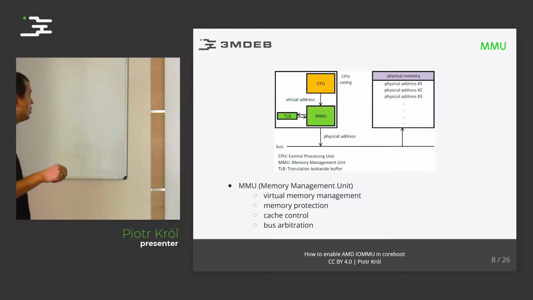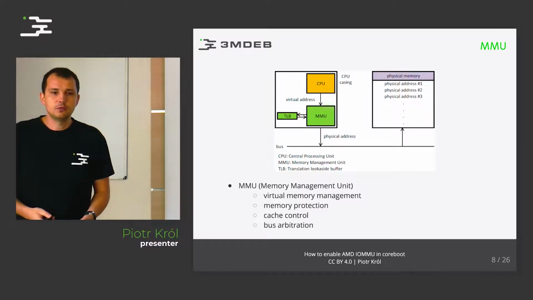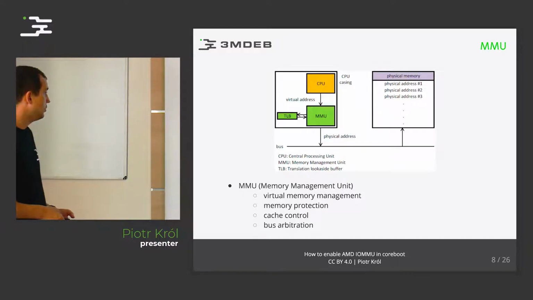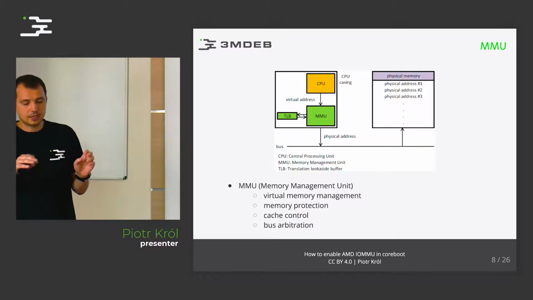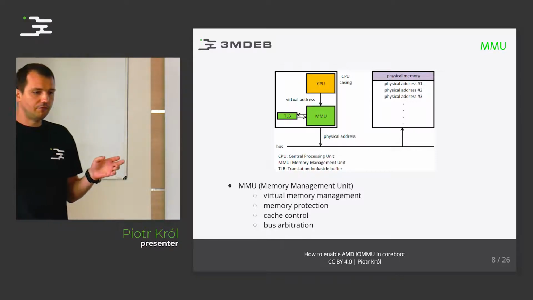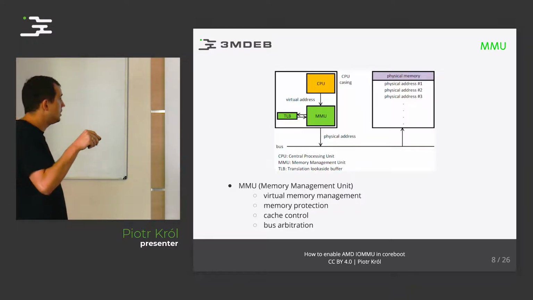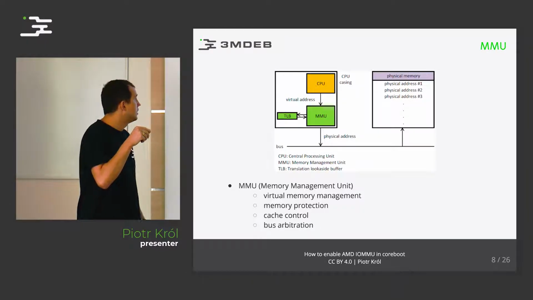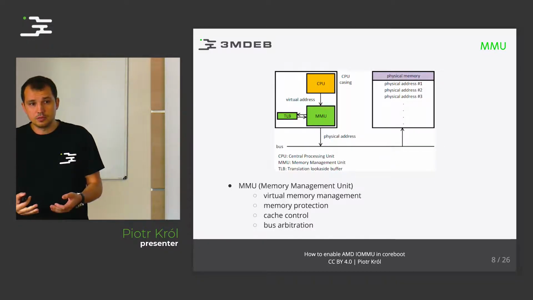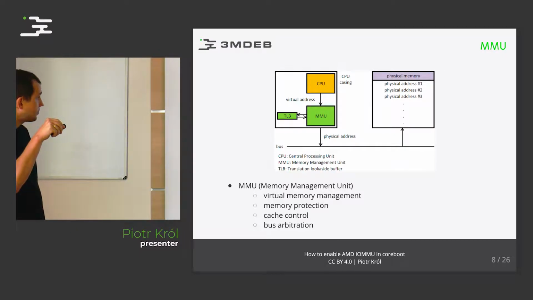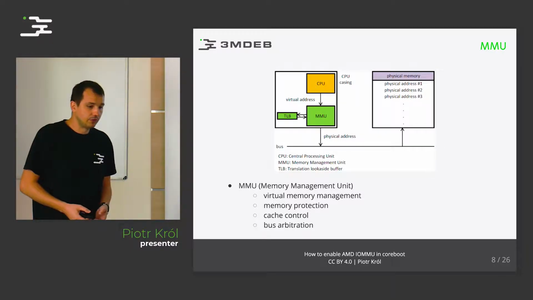But in general, when we are doing anything in our operating system, we're using virtual addresses. Those virtual addresses are just virtual stuff, which is not exactly the same, and have to be mapped to some physical location in DRAM. So the MMU is the hardware that helps us convert those virtual addresses that our application or operating system sees to the physical address, which is exactly in our DRAM where we have something stored.